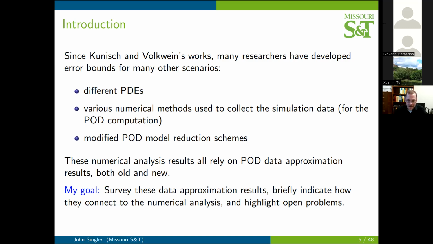So my goal is to survey all of this. I'm going to only briefly highlight how these data approximation results connect to the numerical analysis. I want to mention some open problems. So maybe this talk will be a bit more on the theoretical numerical analysis side of things. For some reason, I've always been interested in these questions.